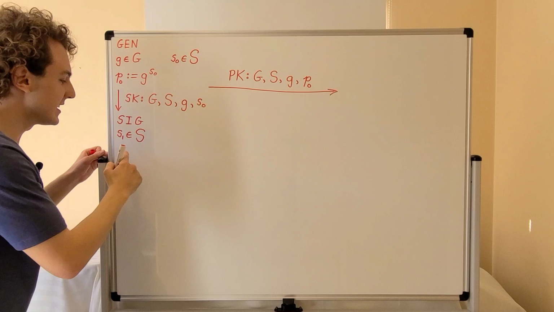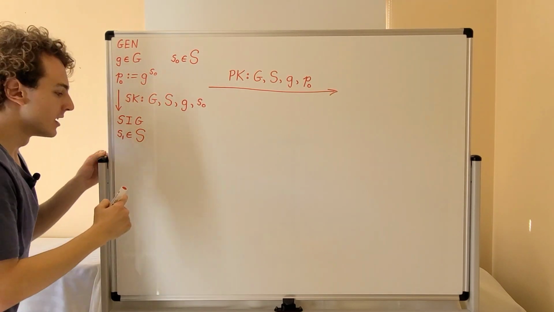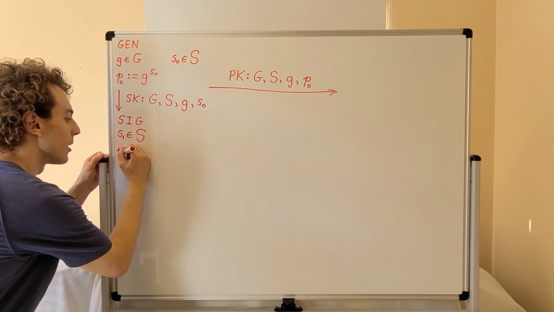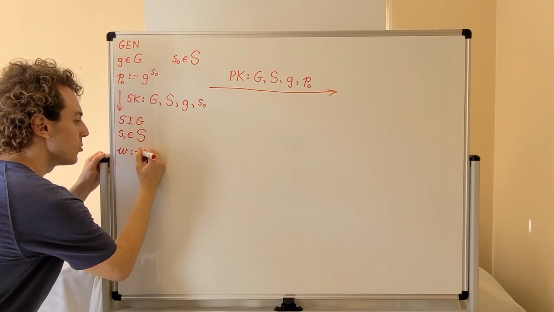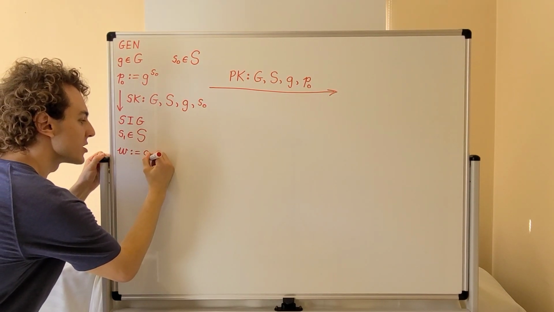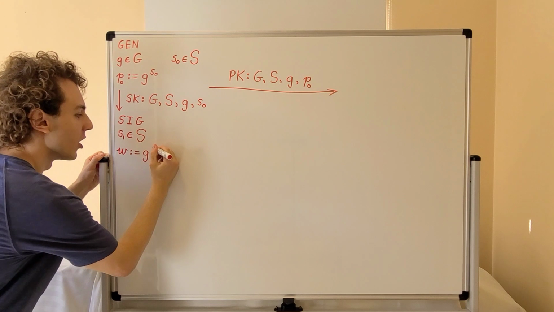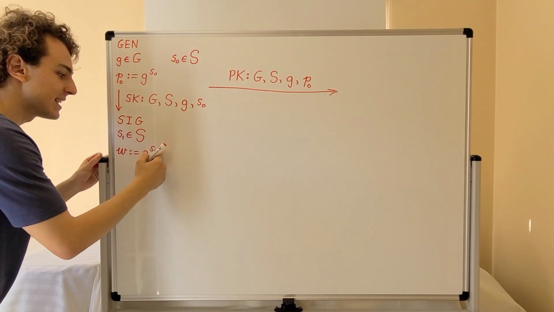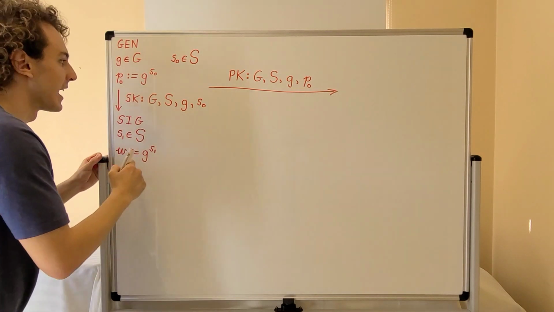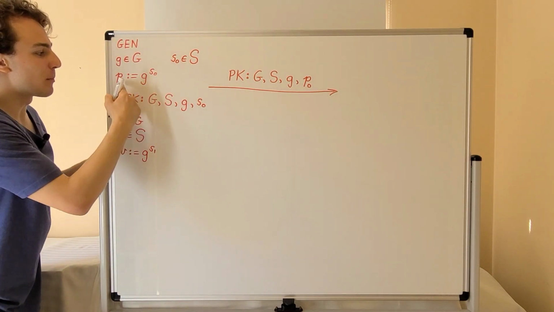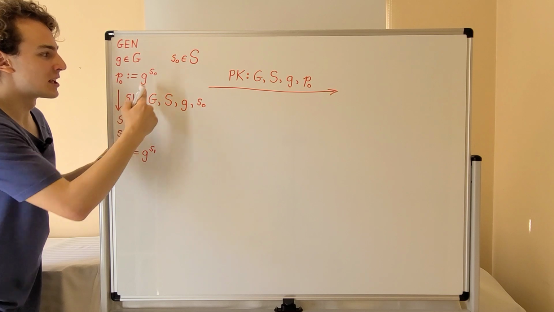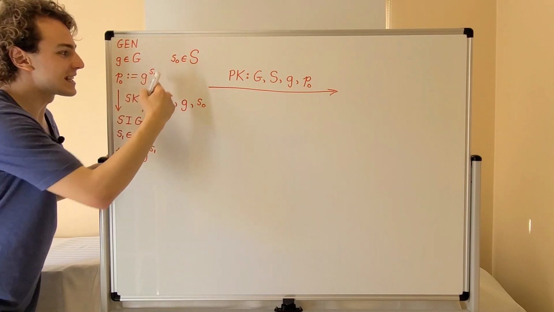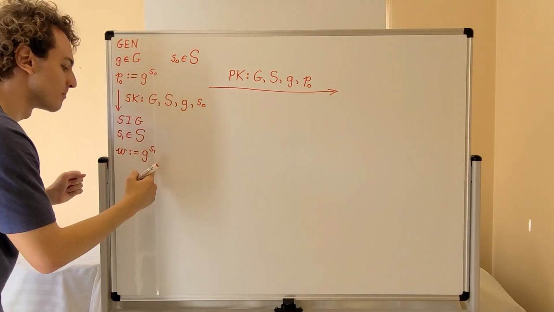Then we're going to use this secret value S1 to define the value W. And W is defined as the generator raised to the power of S1. So we're using the generator and the secret value to define this value. And that's very similar to how we defined the public value P0. So we have this generator and we're raising it to the power of a secret value.